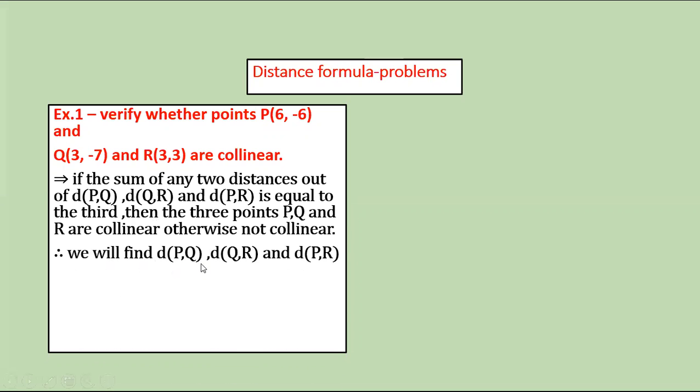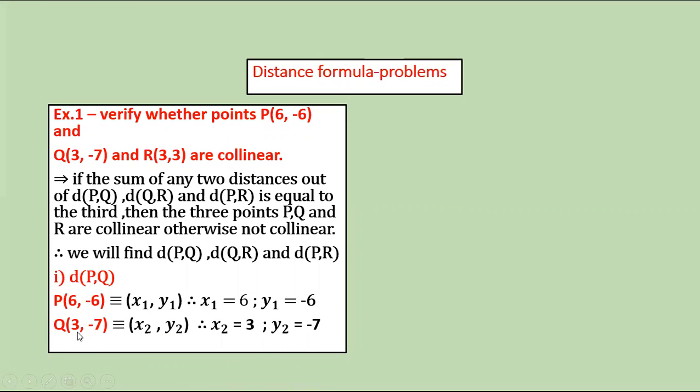We will find distance PQ, distance QR and distance PR. First, to find distance PQ. Point P, coordinates (6, -6), consider as (x1, y1). Therefore x1 is equal to 6, y1 is equal to -6.